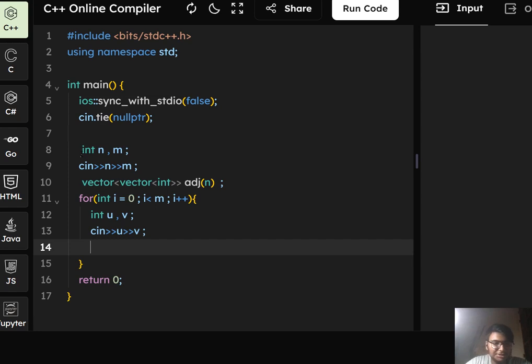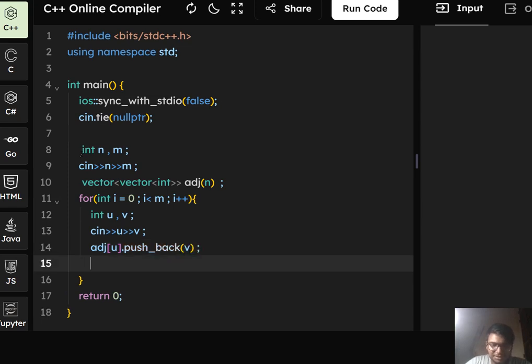It is bidirectional in nature, so I will just put that V into the adjacency list of U, and the adjacency list of V will also contain the U.